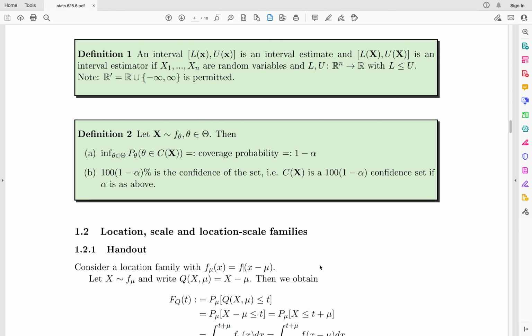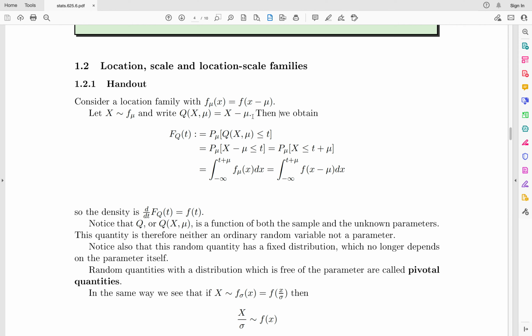Now, a location family is something we defined before, and it's a family with a sort of shift parameter. The density for a general mu is some null density evaluated at x minus mu, and we can then look at the quantity x minus mu, and the CDF of this quantity is somewhat obviously a quantity which doesn't depend on mu, and if we differentiate this, then obviously the mu's cancel.